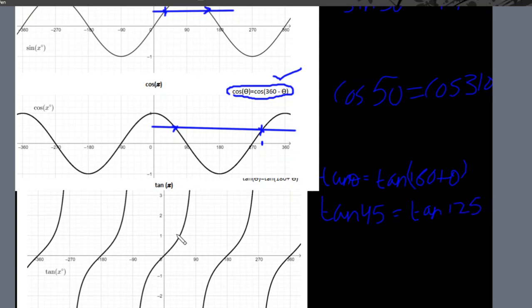So if tan 45 is 1, then tan 125 will also be 1. No, that was tan 180 plus theta. So 225, sorry. So 225 will be somewhere over here as well. And the value of y for both is 1 simply.